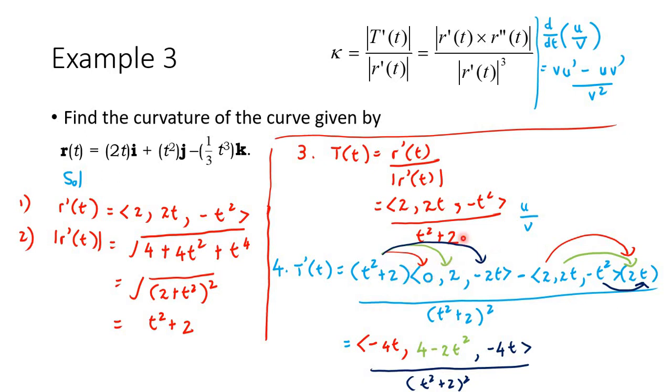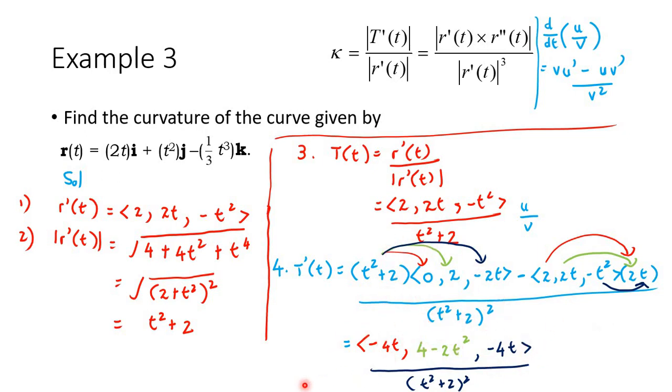And then d/dt of u, the vector, the result is still a vector: d/dt of 2 is 0, d/dt of 2t is 2, d/dt of negative t squared is negative 2t. So minus u times d/dt of p, d/dt of t squared plus 2, you have 2. And then we will just simplify, because I have less space. If you have space you can simplify it carefully.